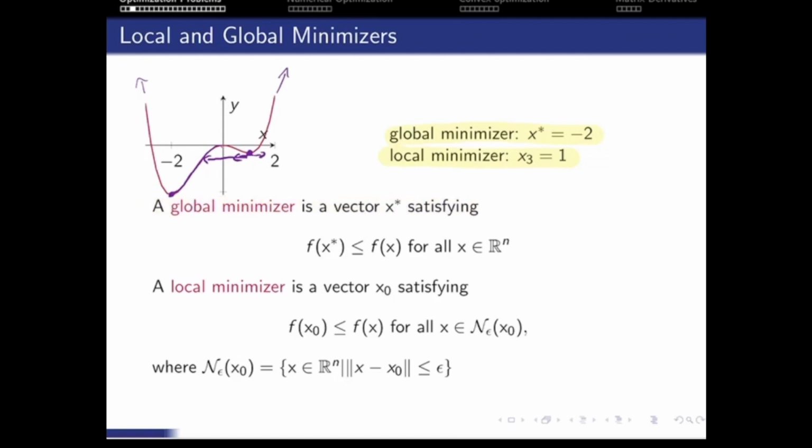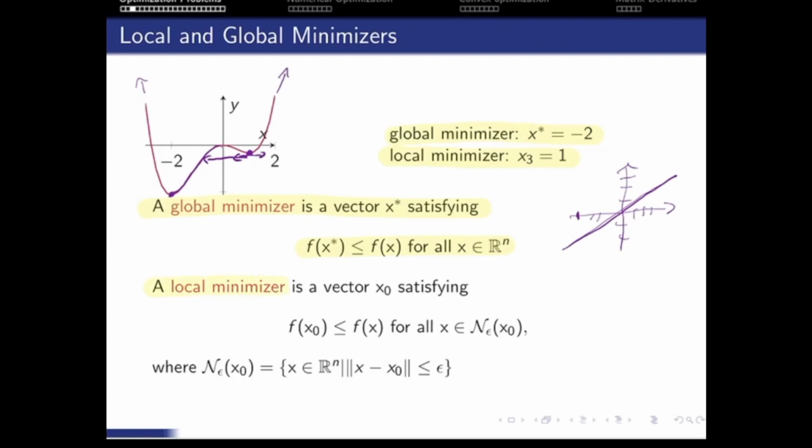For notation, a global minimizer is a vector x star at which the function attains its smallest function value. Note that a global minimizer does not always exist. For example, just take a linear function: there is not one point at which the lowest function value is attained.